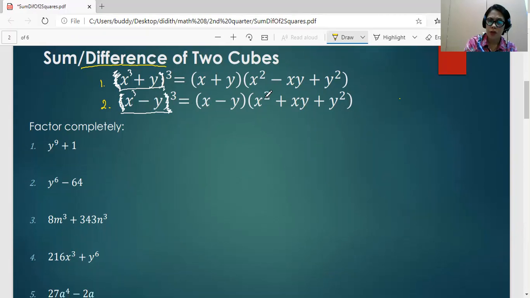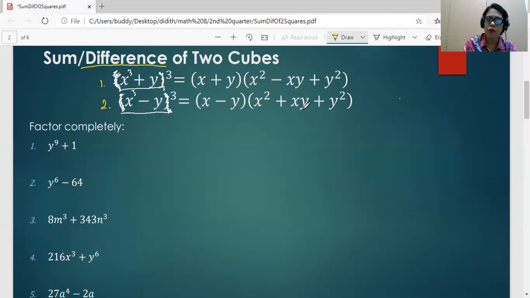The first term here was taken when we squared the first term of the first factor, while this y squared was obtained when we squared the second term of the binomial factor. And the middle term again is the product of the first and second terms of the binomial factor times -1, so we got plus xy. So that's how we factor the difference or sum of two terms which are both perfect cube expressions.